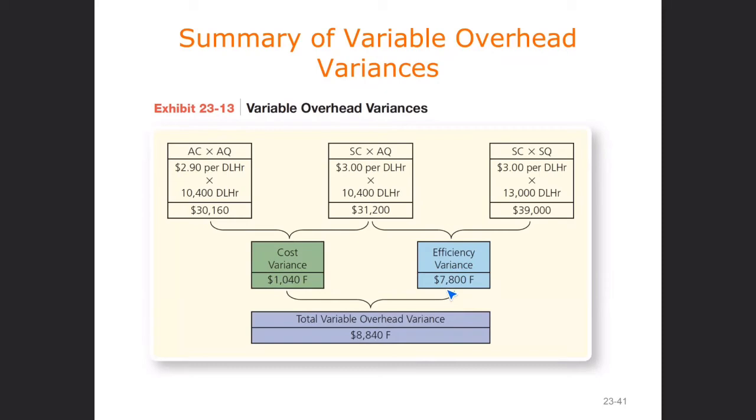They're both favorable in this case, but whichever one is higher, that's the one you would go by. So this is favorable by the difference, which is 8,840, because they're both favorable, so you're adding these together.